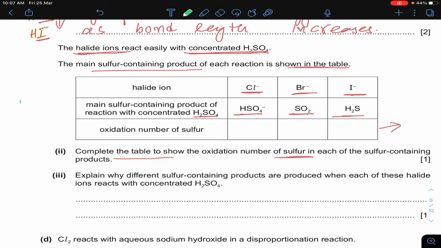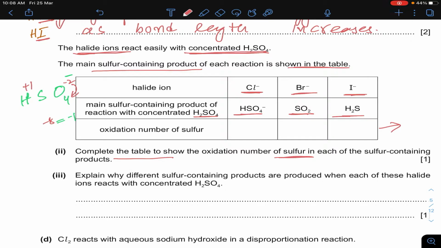So in HSO4-, let me just solve one of them here. Now this is a polyatomic ion where the sum of the oxidation numbers is equal to -1. The oxidation state of oxygen is -2, so -2 times 4 is -8. Hydrogen, when combined with non-metals, has an oxidation state of +1.